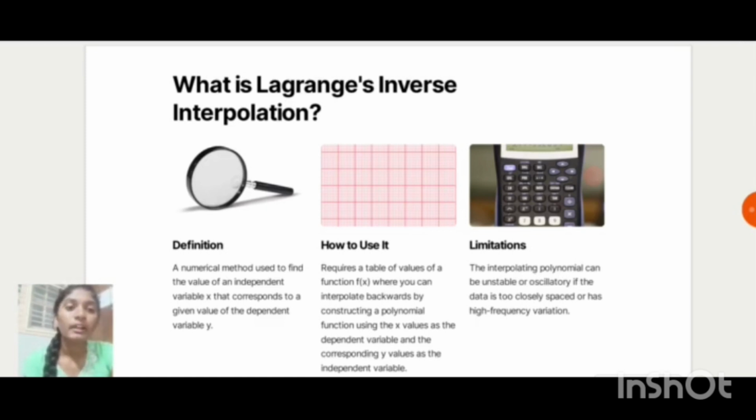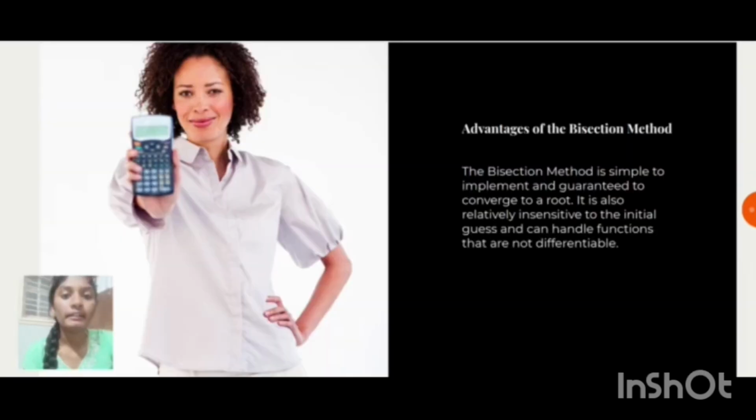How to use it: it requires a table of values of a function f of x, where you can interpolate backwards by constructing a polynomial function using the y value as the independent variable and the corresponding x value as the dependent variable. Limitations: the interpolating polynomial can be unstable or oscillatory if the data is too closely spaced or has high frequency variation.